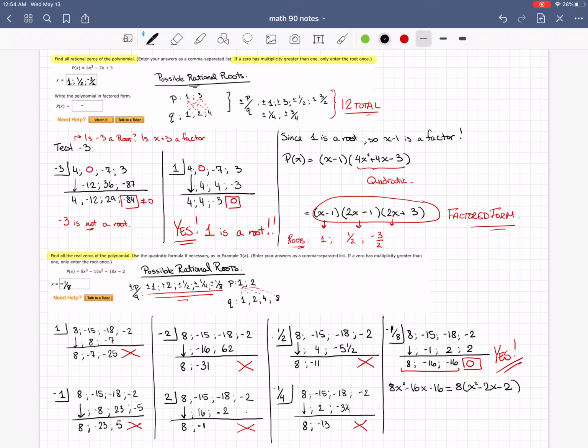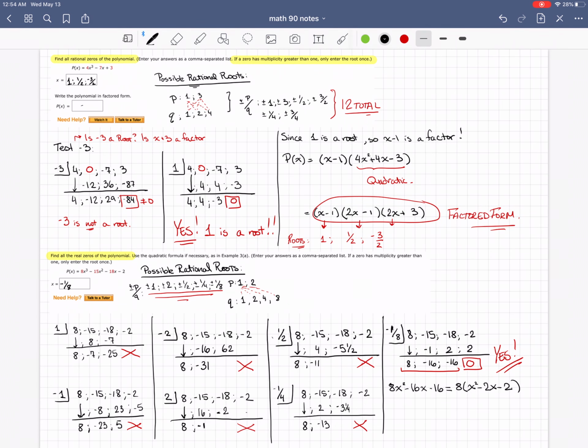And we have x squared minus 2x minus 2. Now, I hope that very quickly we can all agree that x squared minus 2x minus 2 doesn't factor. It's not possible to find two numbers that multiply to negative 2 and add to negative 2. So we're going to use the quadratic formula to find the rest of the roots.